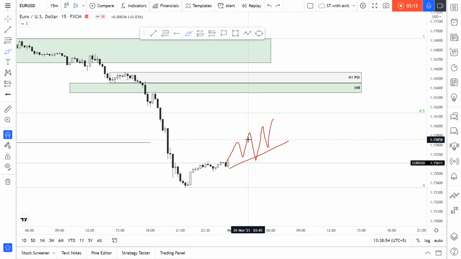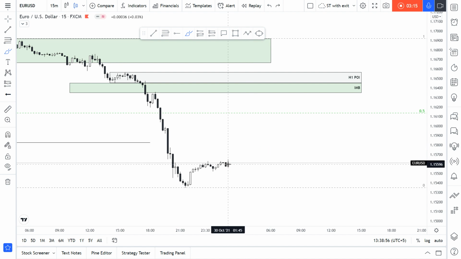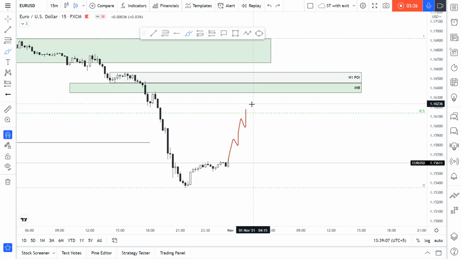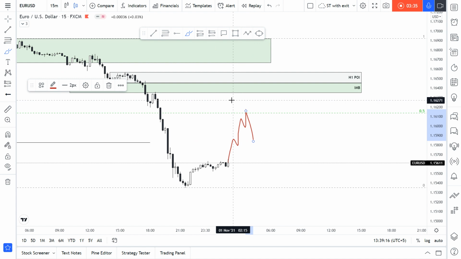Or there is a second scenario: if the price goes straight, without any corrections, above the 50% level, and maybe it touches, maybe it does not touch the imbalance or the 1 hour level order block, and reverses, we can look for a sell.